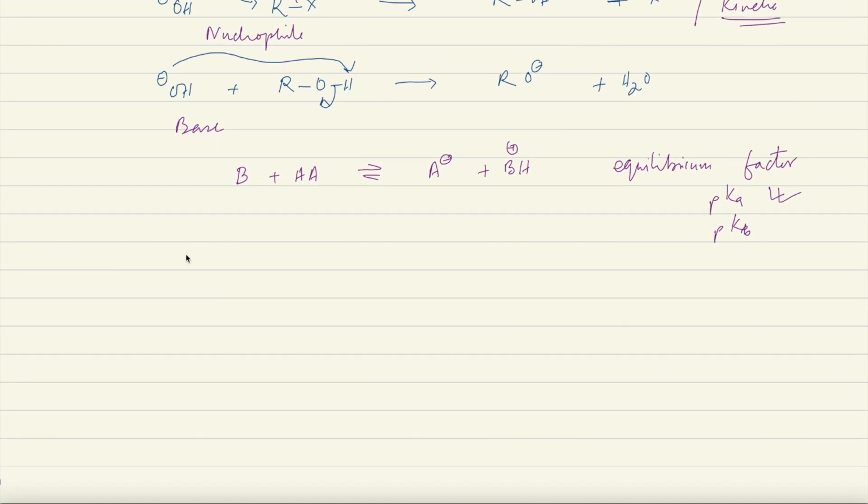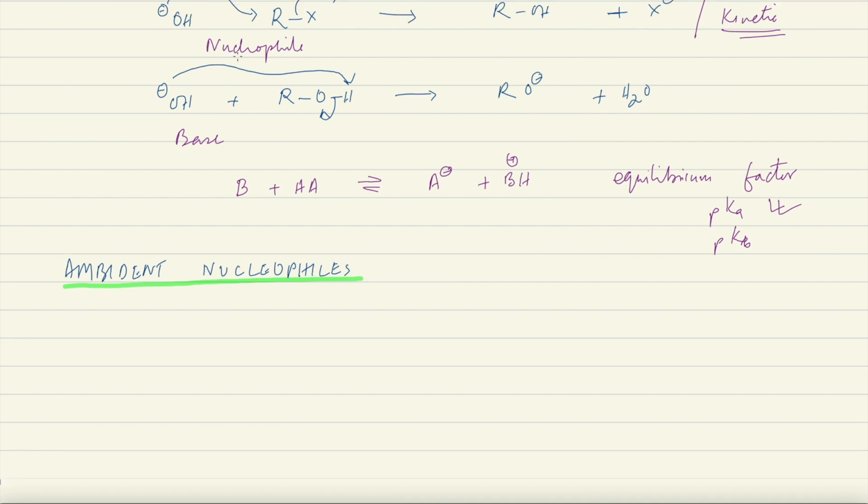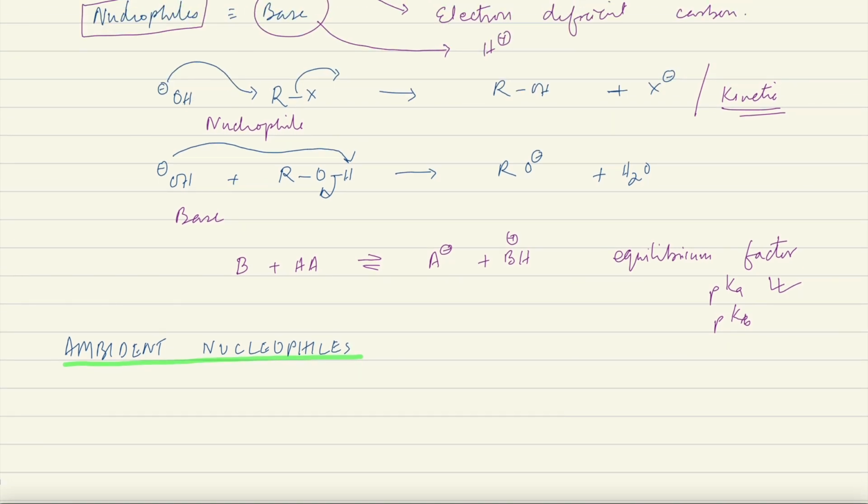Now let's have a look at one important part of nucleophiles. We also have what are known as ambident nucleophiles. So what are ambident nucleophiles? A nucleophile can attack an electrophilic center. Like in this case, you have the OH, which would attack the electrophilic center, that is the carbon atom, which is electron deficient in nature.